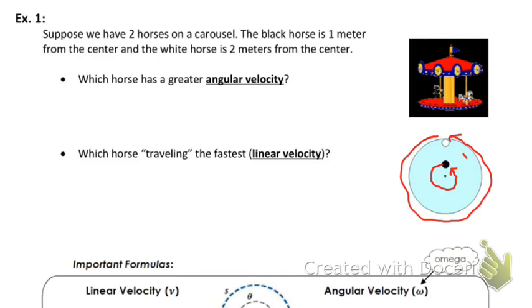So if it takes the white horse 2 minutes to get around, it's going to take the black horse also 2 minutes to get around. It's a fixed circle, so it's going to take the same amount of time to get around. So we're talking about angular velocity. They're going to have the same rotational speed. So in fact, they have the exact same angular velocity.